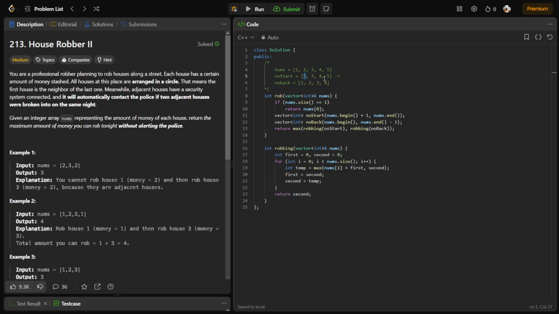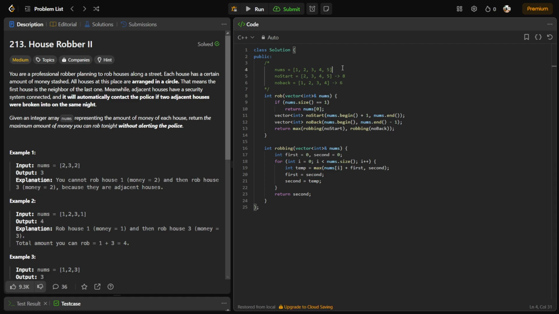I'm just treating this as a single line of houses. So obviously the highest amount of money we can rob from this is 3 and 5, which will give us 8, and for this it will be 2 and 4, which will give us 6.